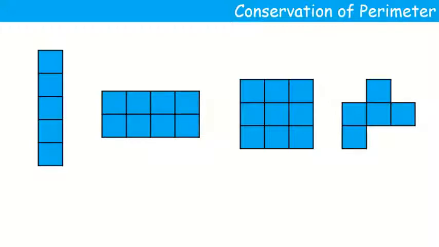So here we have a collection of shapes drawn on squared paper or diagrams. They all represent fields made up from rearranging 12 units of fencing, as I can illustrate here: 1, 2, 3, 4, 5, 6, 7, 8, 9, 10, 11, 12. And you can see from the other shapes there, all of them are enclosing 12 units of fencing.